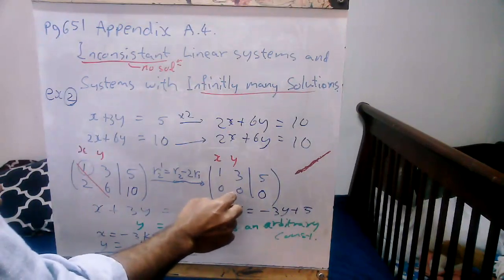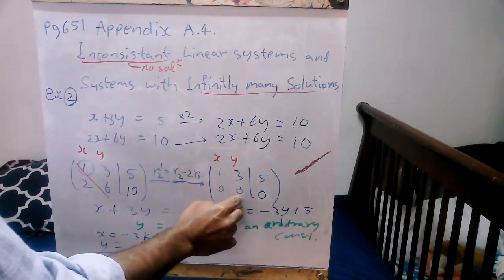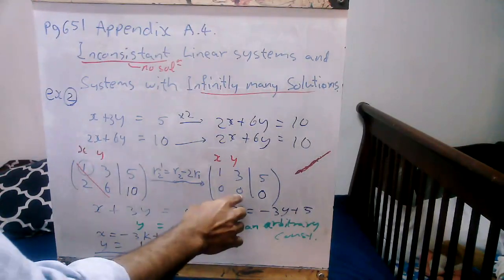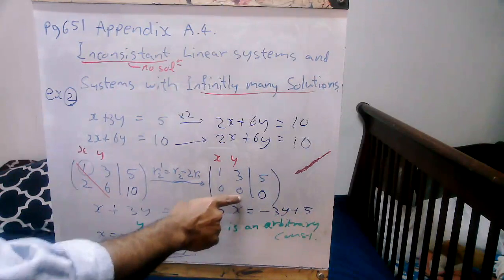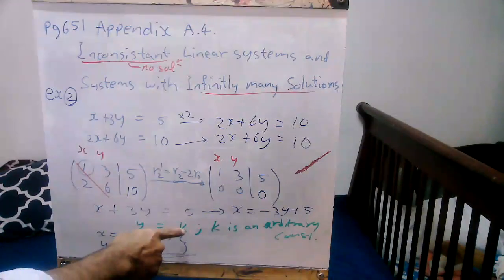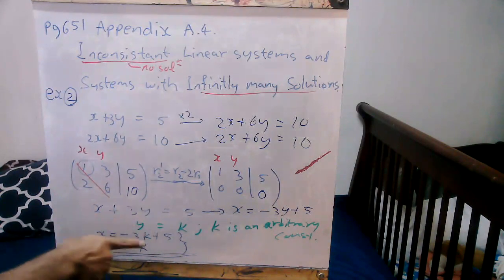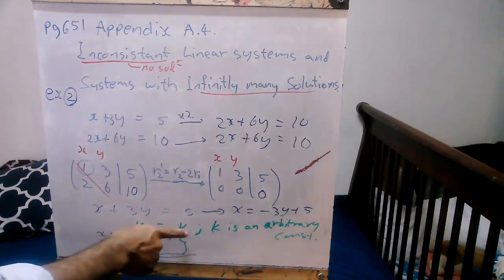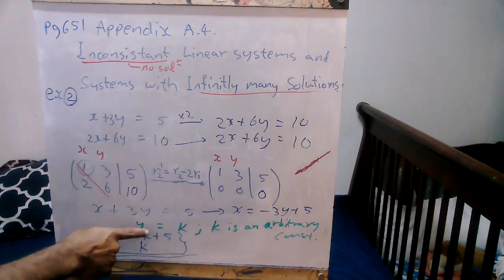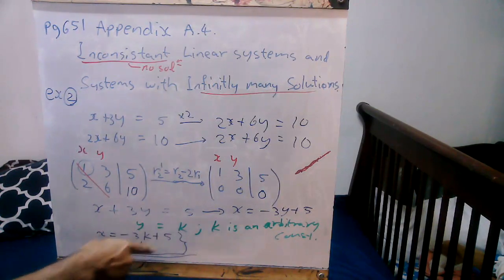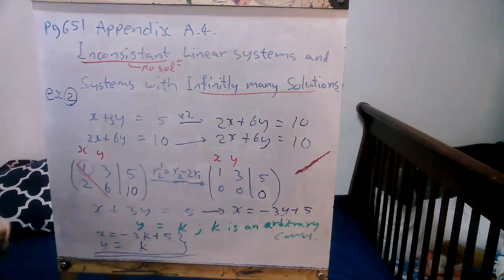Therefore the y element will be missing, because 0 times y is 0. Therefore what we do is assign an arbitrary constant for y, then we express x in terms of k, the arbitrary constant, right?